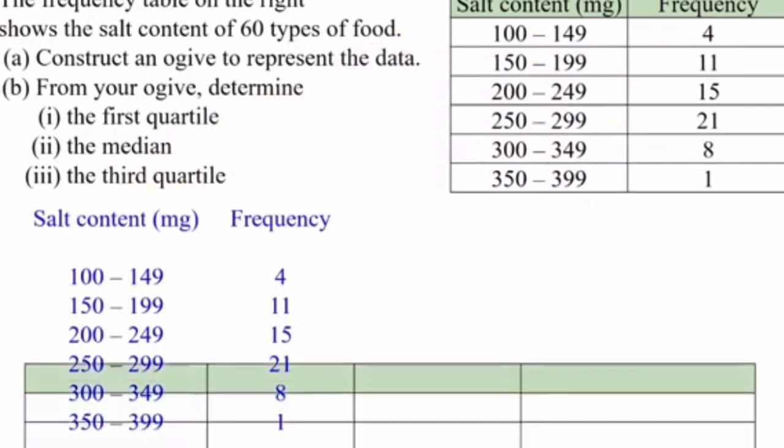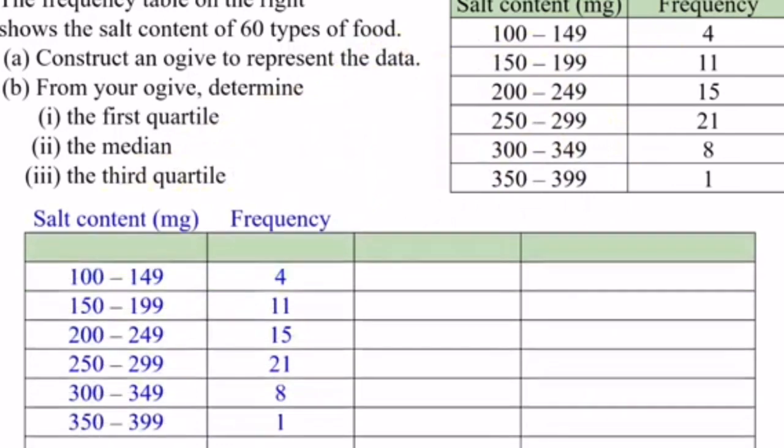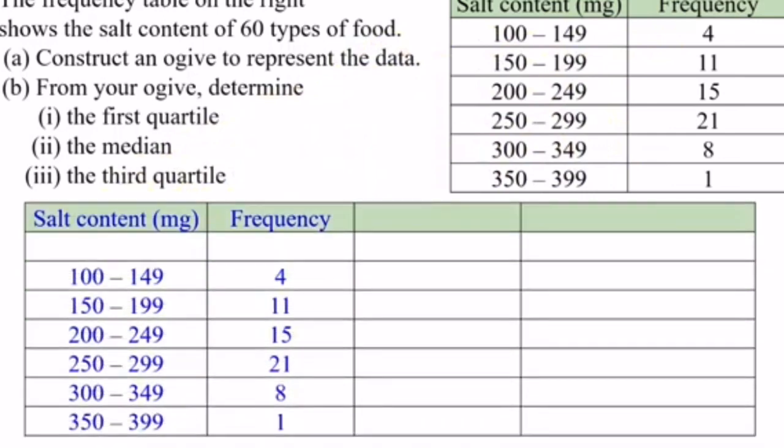So the salt content in milligram and frequency stay the same. The only columns you need to add are the upper boundary and the cumulative frequency. So how to find the upper boundary?